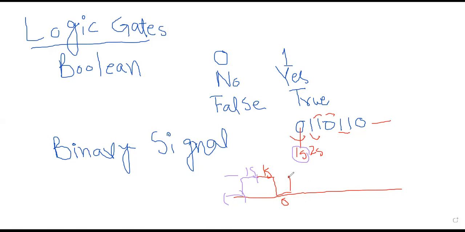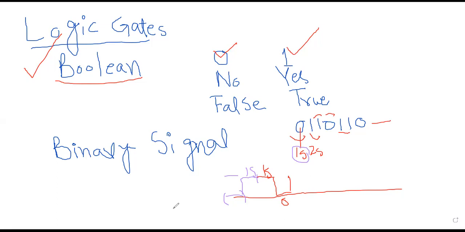First is digital interpretation, which uses Boolean algebra and contains 0 or 1. The second parameter is my binary signal, which is the graphical method to graph our output value. So these are the two major things to know about logic gates.